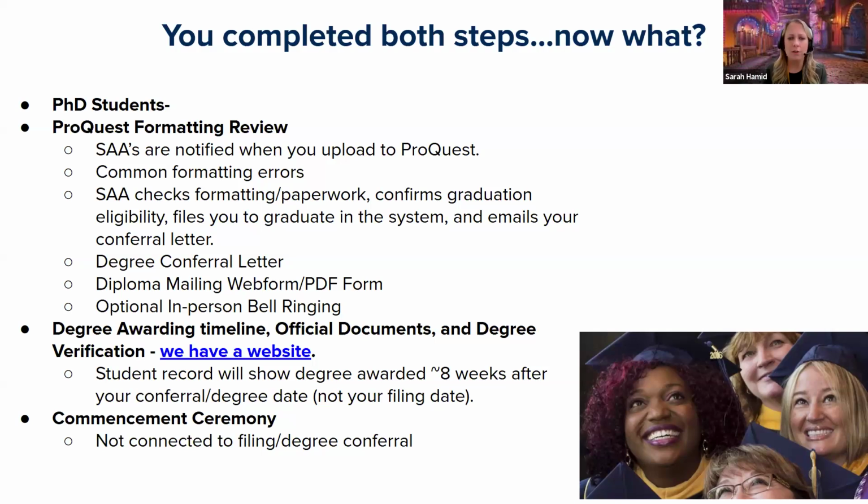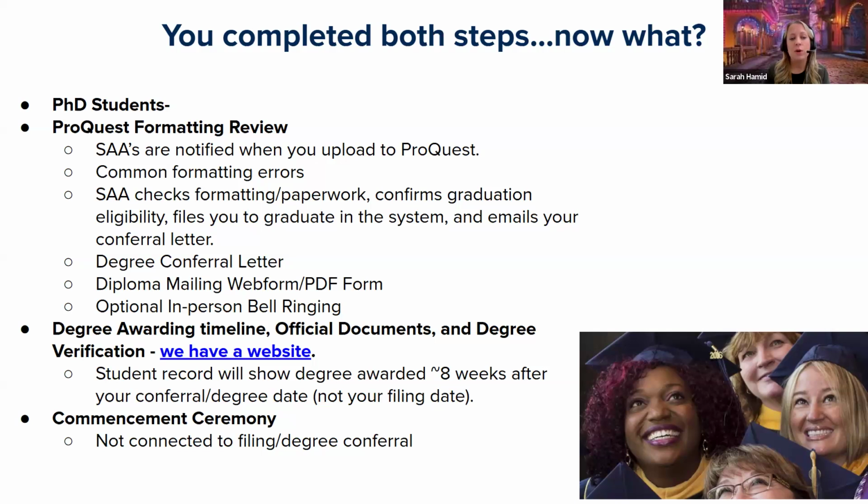We are notified once you upload everything into ProQuest. We're looking in there every day. We're communicating with you. We're checking everything in ProQuest and in GradSphere, and we're making sure that everything's linked up for you to graduate. And then it's just one by one in order of received. And we send you that wonderful email that contains that degree conferral letter.